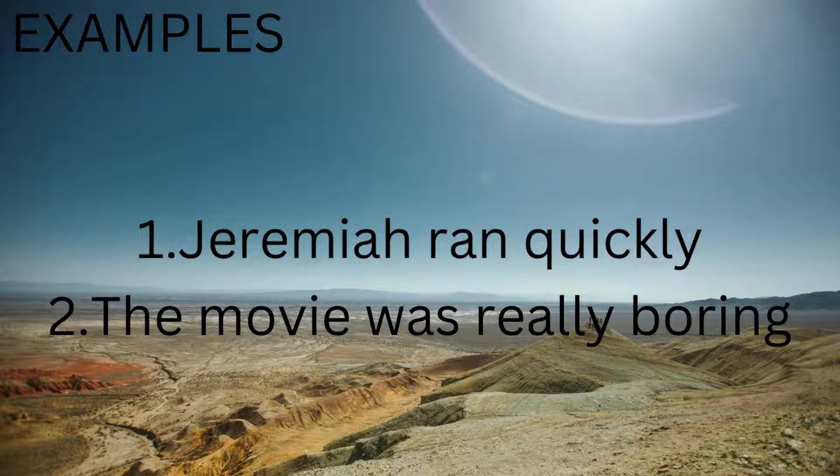So it runs quickly. Quickly is an adverb in this sentence. Now the next is: the movie was really boring. In this sentence, really is an adverb because it shows the intensity of the boringness. So really is an adverb.